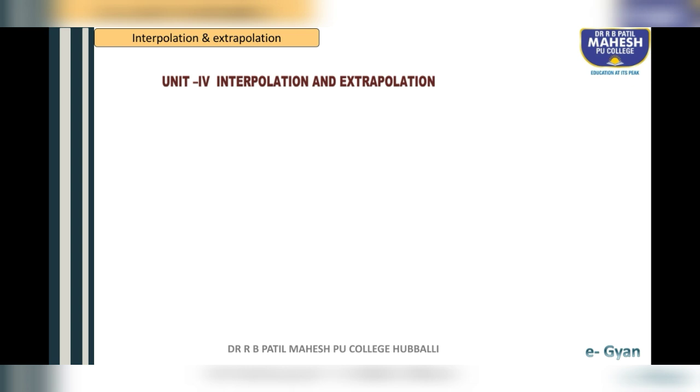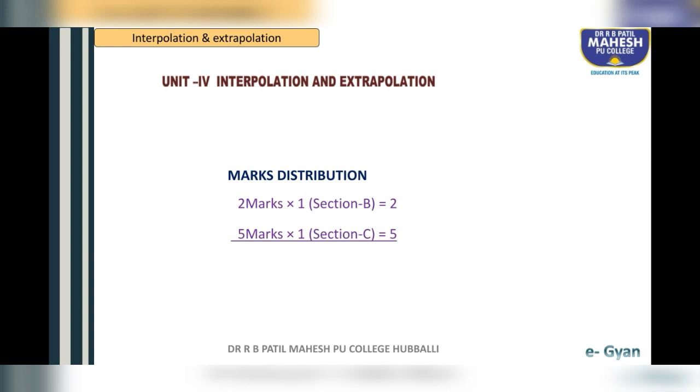Okay students, before starting the chapter, let us see the marks distribution of this chapter. In section B you will get 1 question of 2 marks, that is 2 ones are 2, and in section C you will get a 5 marks example.